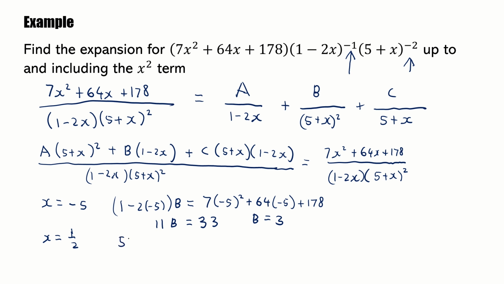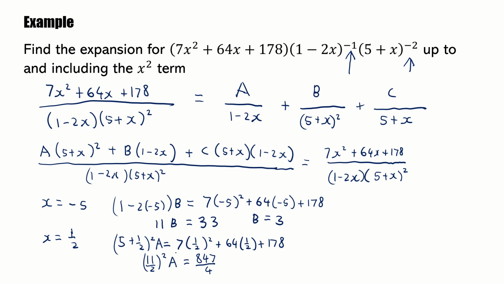So we're going to have 5 plus a half all squared lots of a is equal to 7 lots of a half all squared plus 64 lots of a half plus 178, and therefore 5 plus half is 11 over 2, so we've got 11 over 2 all squared, lots of a, and then working out the stuff on the right, you will get 847 over 4.